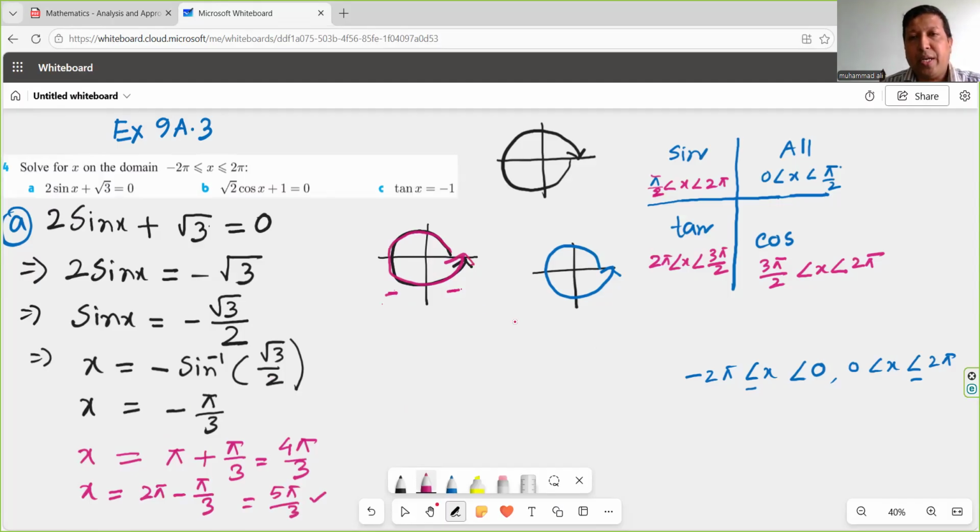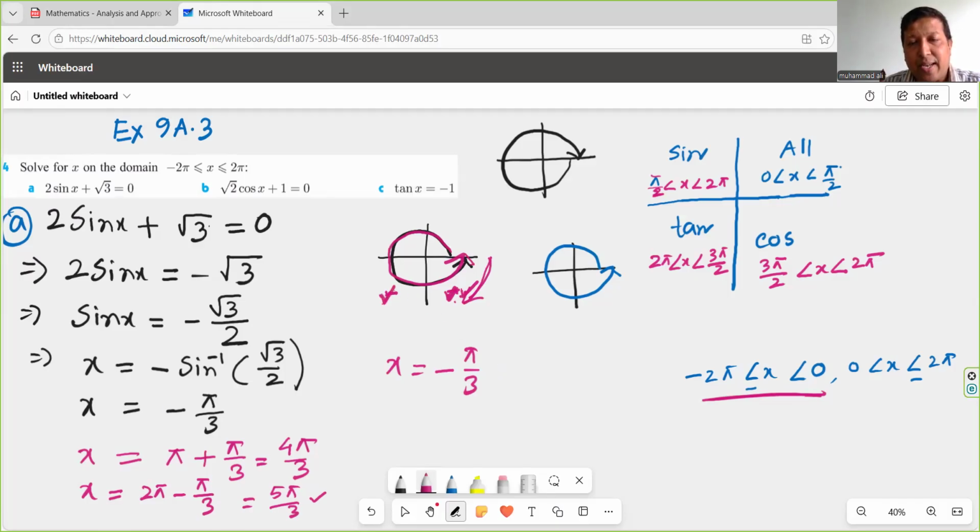But when it is clockwise, that means consider this interval clockwise. So again, sine is negative in the third and fourth quadrant, but we are moving in the clockwise rotation. So we'll write x equals minus pi by 3, which is in the first. That means we will move in the clockwise rotation here, minus pi by 3.